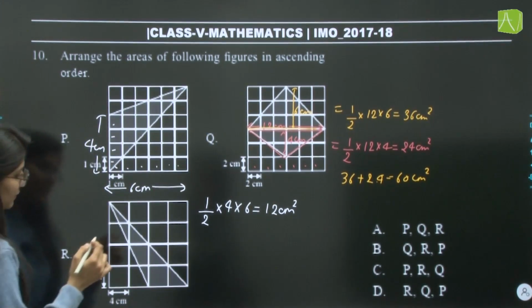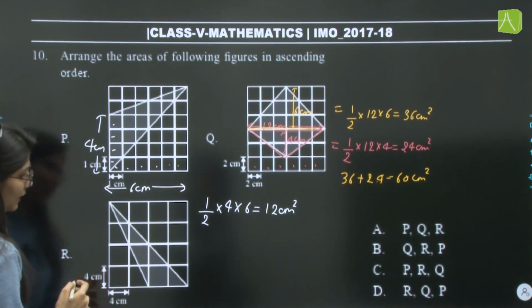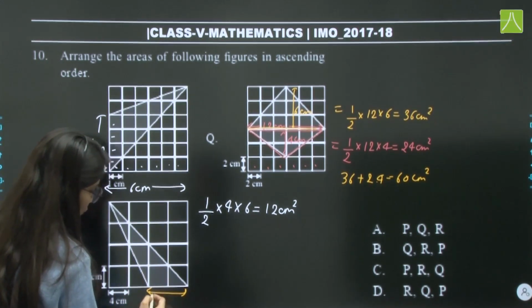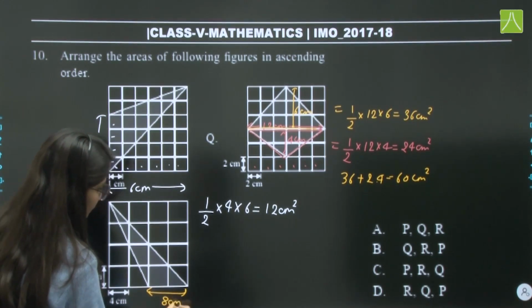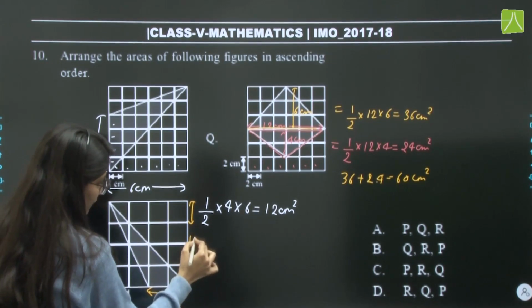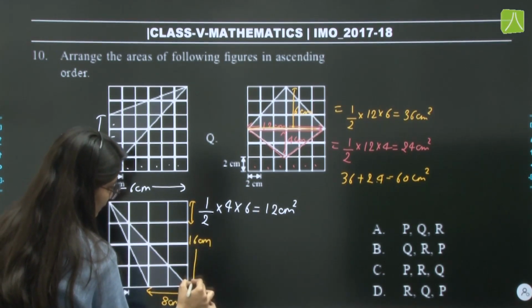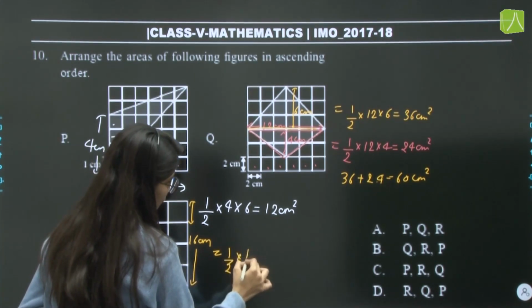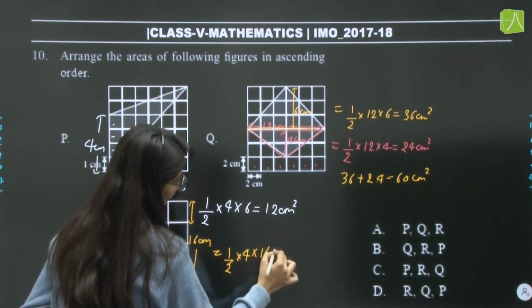Here you can see the square is 4 by 4 centimeter. So first the base of this triangle is 4 plus 4, 8 centimeters. And the height of this triangle is 4 into 4, this will be 16 centimeters. So the area of this triangle will be half into 4 into 16.